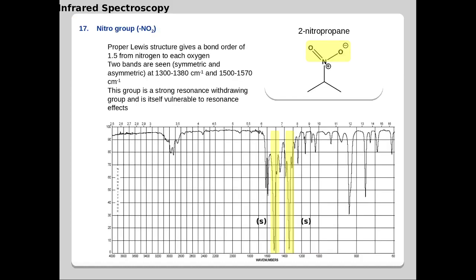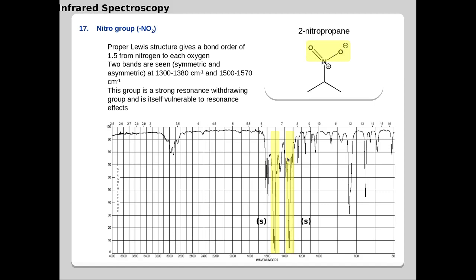Okay, and this one is an IR spectrum of a nitro compound such as 2-nitropropane, and just like we have discussed before, the symmetric stretching vibration of the nitro group, both these bonds here, usually happens between 1300 to 1400 centimeter inverse.